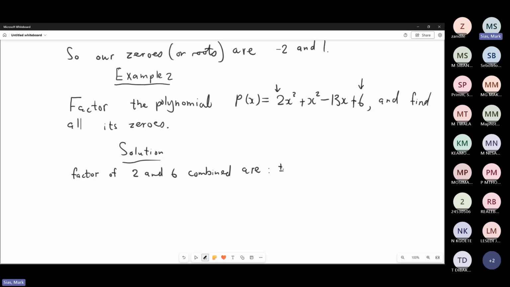Plus or minus 1. Those are the factors for both 2 and 6. And then 2, that's a factor for both 2 and 6. Okay, and then the other factors of 6 are plus or minus 3, and then plus or minus 6. Okay, so those are what we have there.